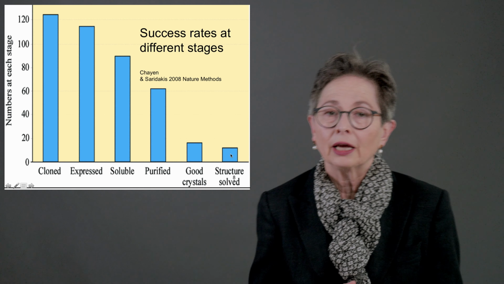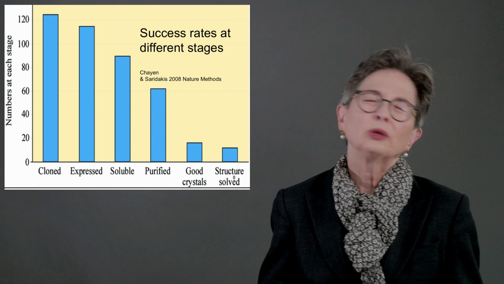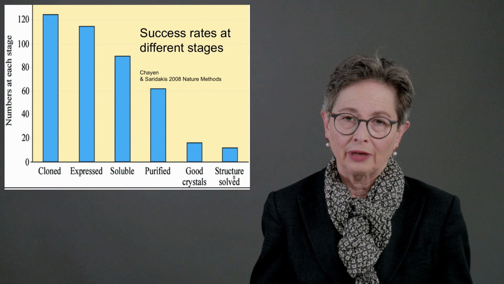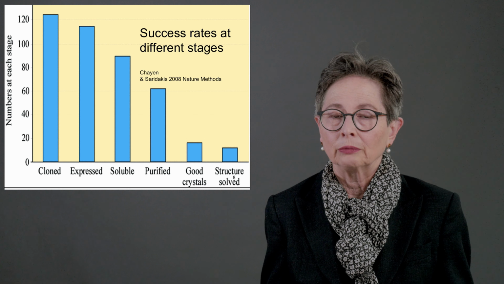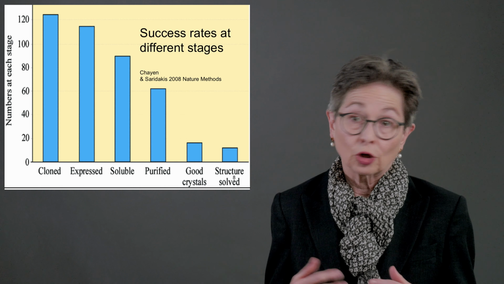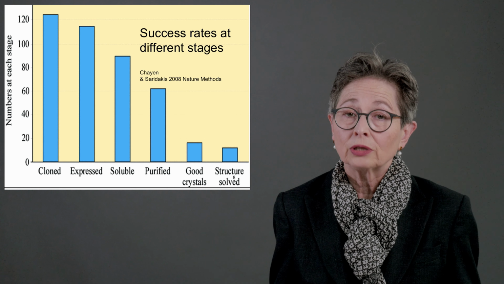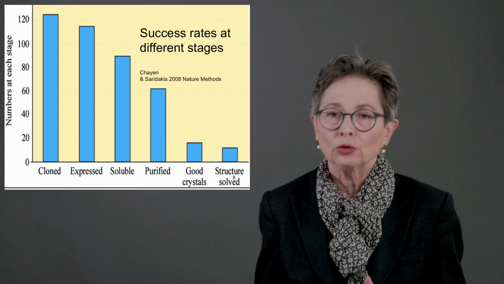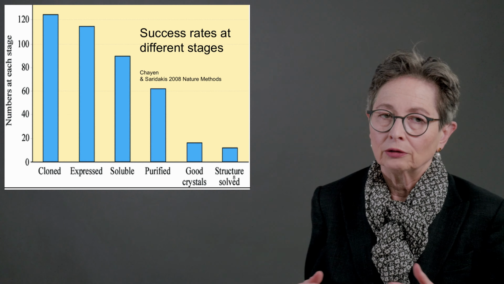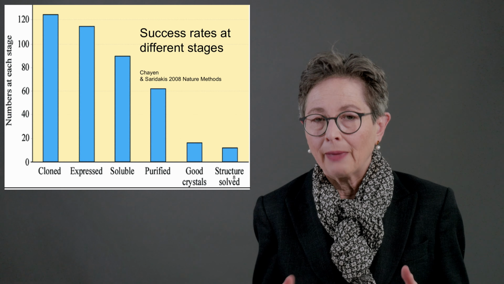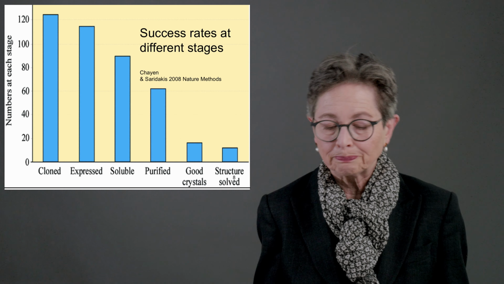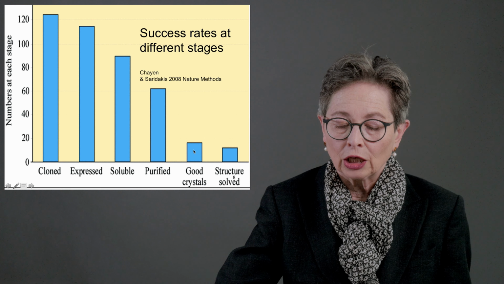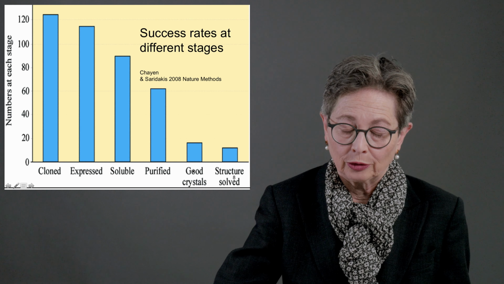If you manage to get good crystals, you can almost always solve the structure nowadays. Those mathematical problems or limitations in interpreting electron density, those have been solved. So it would be, in fact, an extraordinary situation that you had a good electron density map and you couldn't solve the structure. But what do we mean by good crystals?